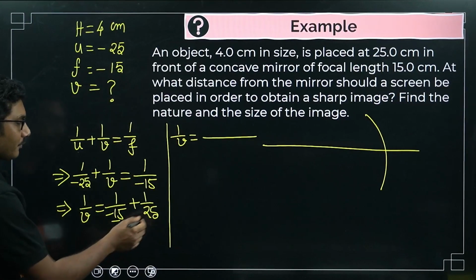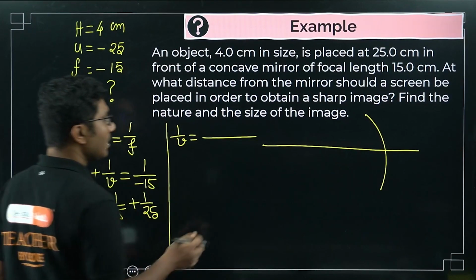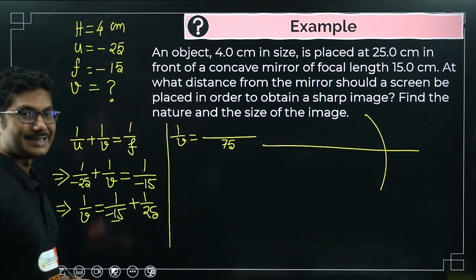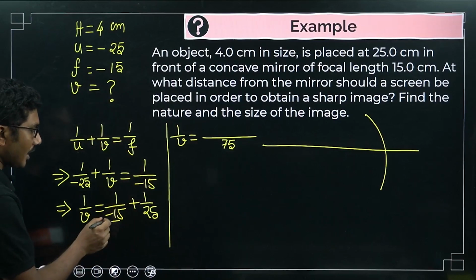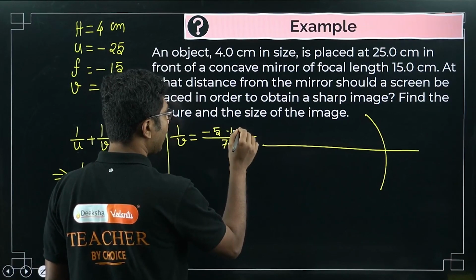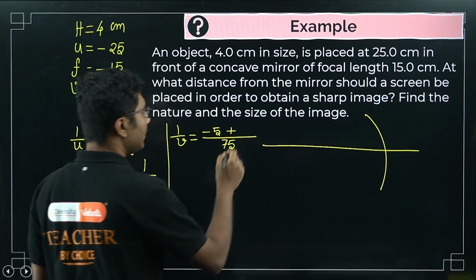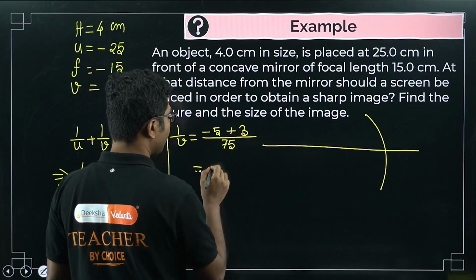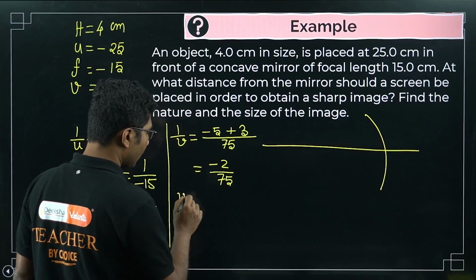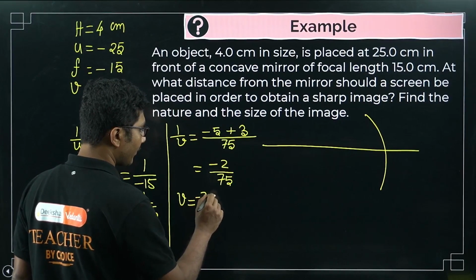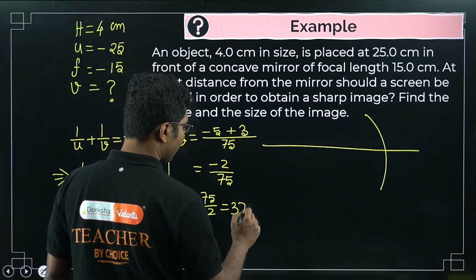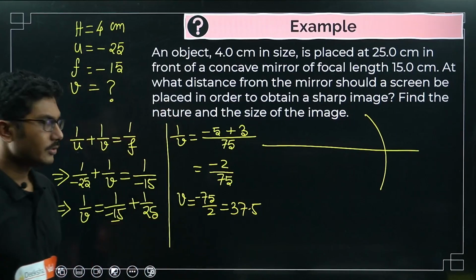It is 3 into 5 into 5, so 75. So minus 15 gives minus 5, and 25 gives 3. So it will be minus 2 by 75, or v equals minus 75 by 2, which is minus 37.5.